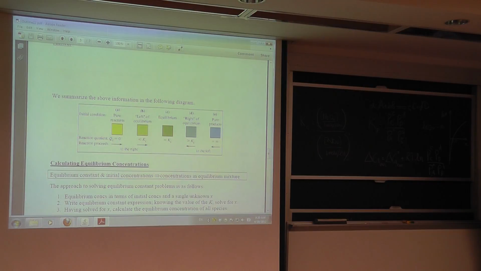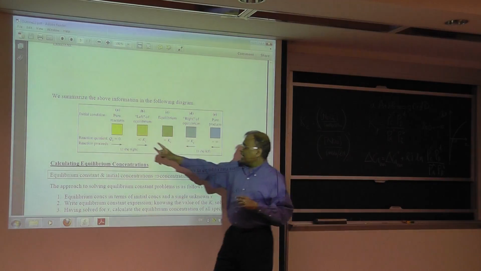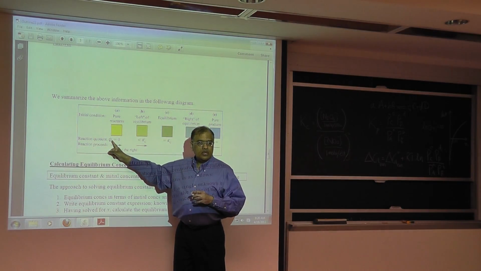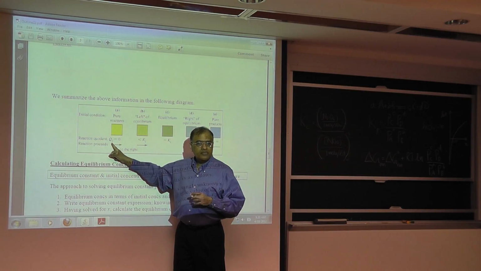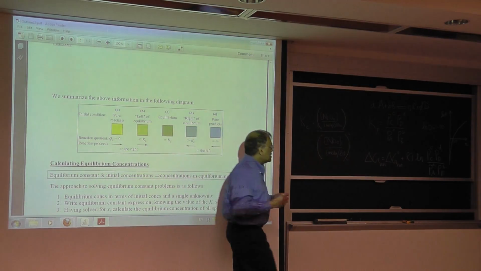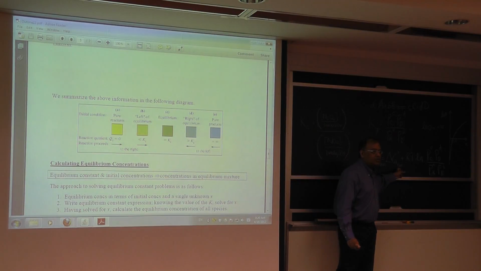Okay? Questions? So at time t equals 0, if you have pure reactants, Q is going to be 0 and delta G is going to be minus infinity irrespective of the value of delta G naught of the reaction.